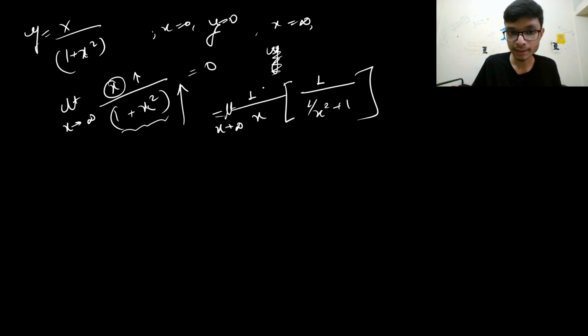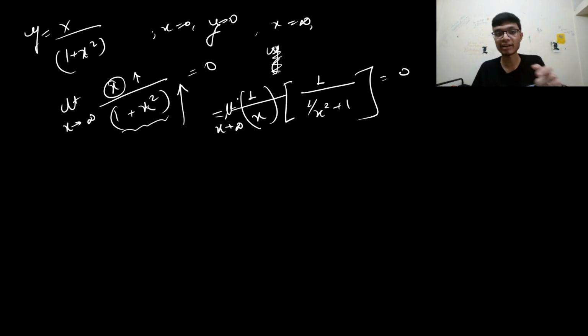So 1 by x is left out in this limiting value. That means the limiting value is equal to 0. So the limit tends to 0 at plus infinity as well as minus infinity.